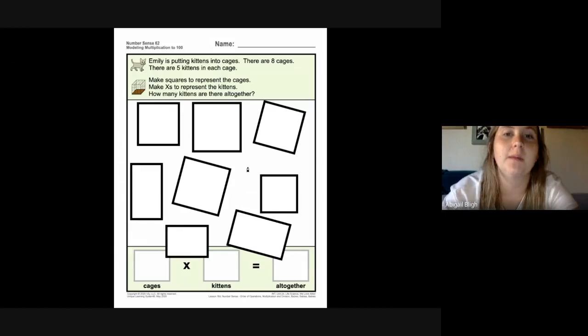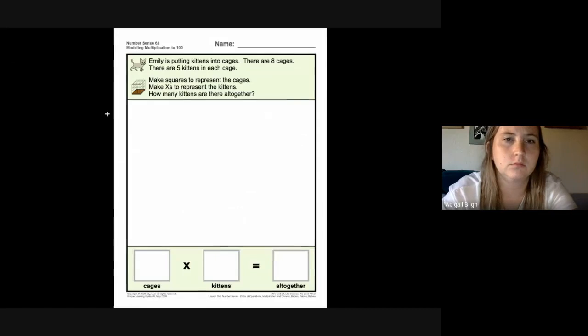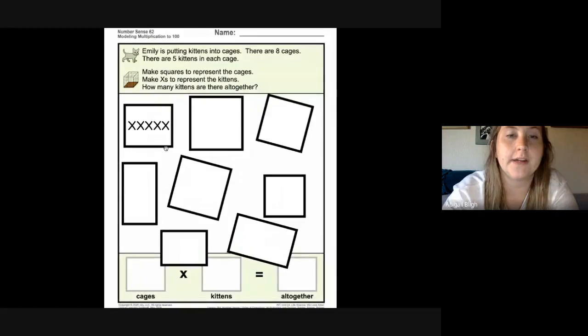Now I'm going to make X's to represent the kittens. There are 5 kittens in each cage, so that means I'm going to put 5 X's in each square. I drew 5 X's in this box.